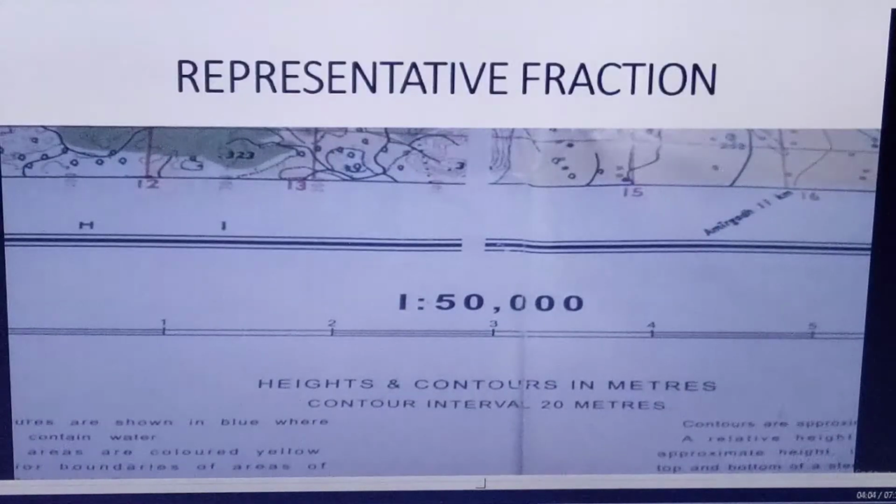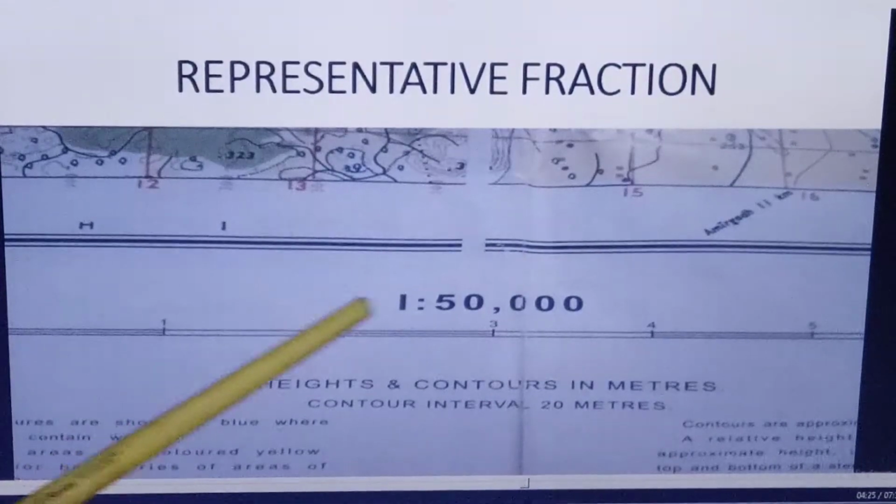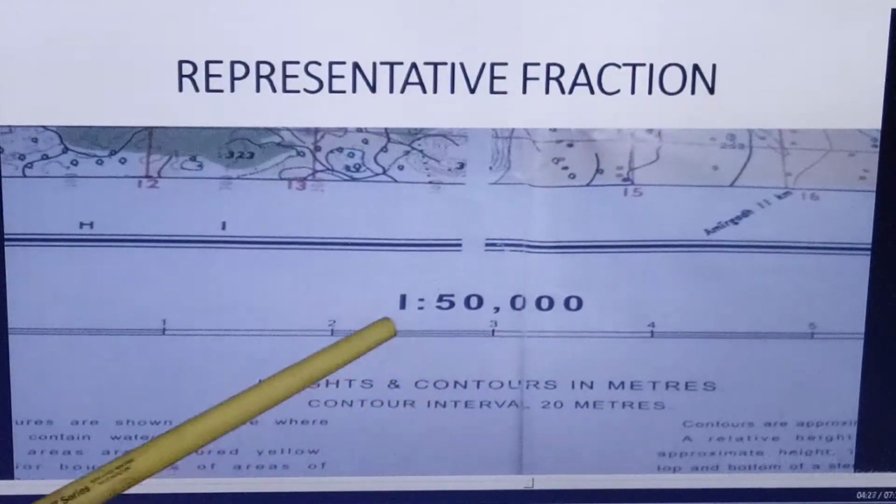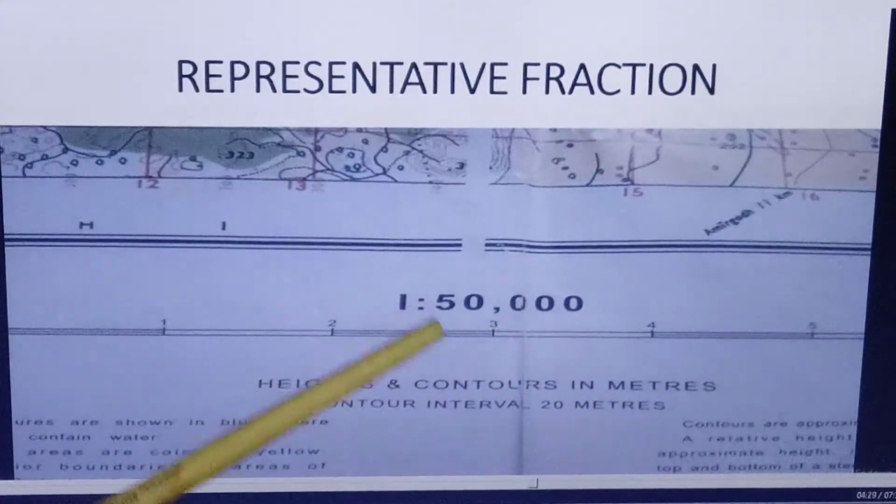Now we come to the next part of the representation of the scale, that is representative fraction, which is written as 1:50,000. If you notice, there is no unit in it. So how do we infer this number? How can we say that it is 1:50,000? What unit is it actually of?